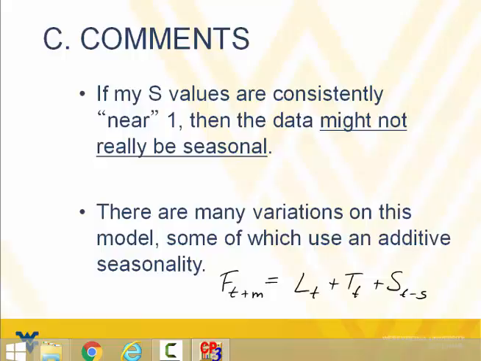So it could also be some additive value. Now, because it's an additive value, clearly, if it's a peak, it would have a positive value. If it's a valley, it would have a negative value, right? Because we are reducing the average level of demand by that amount.